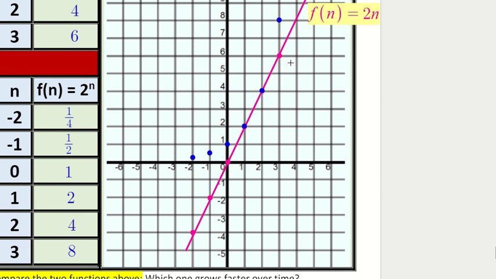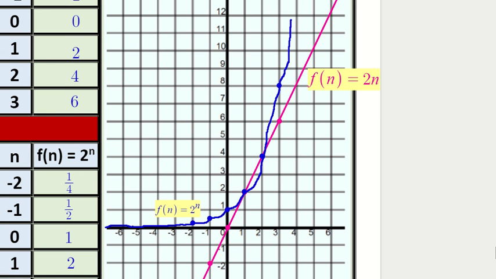Now we're going to connect these dots with what's known as an exponential curve and label this function. So that is the function f of n equals 2 raised to the power of n.